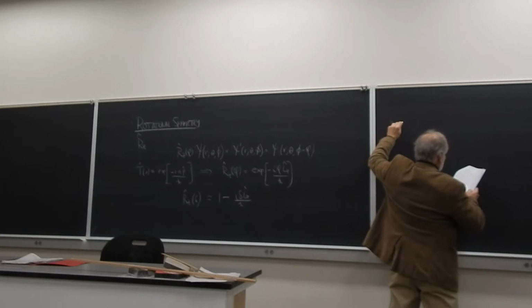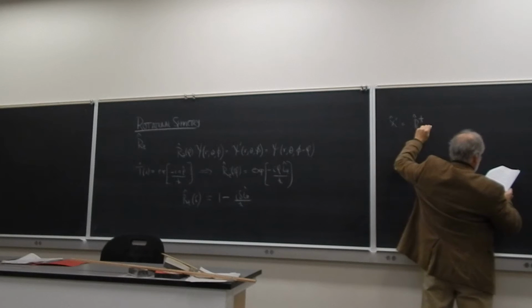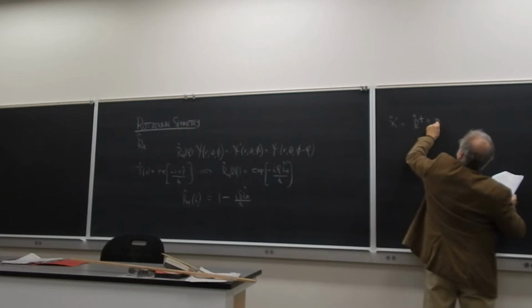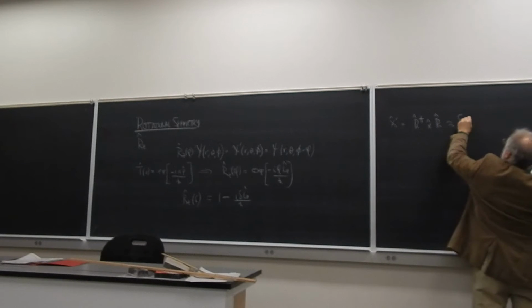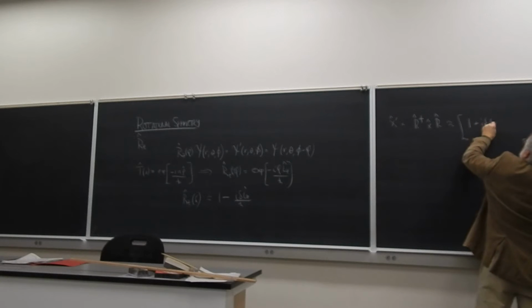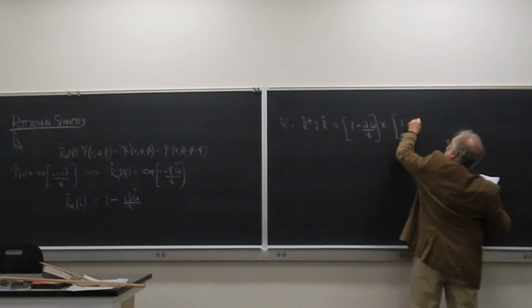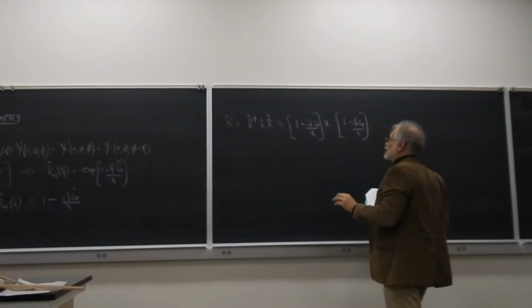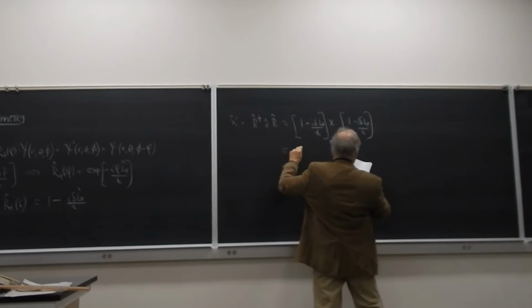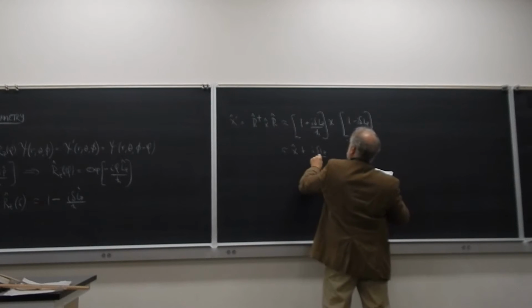Substituting in for x, we have x prime is R dagger x R, which we can write approximately as 1 plus i delta L sub z divided by h bar, times x, times 1 minus i delta L_z over h bar. We can write that as x hat plus i delta L_z.